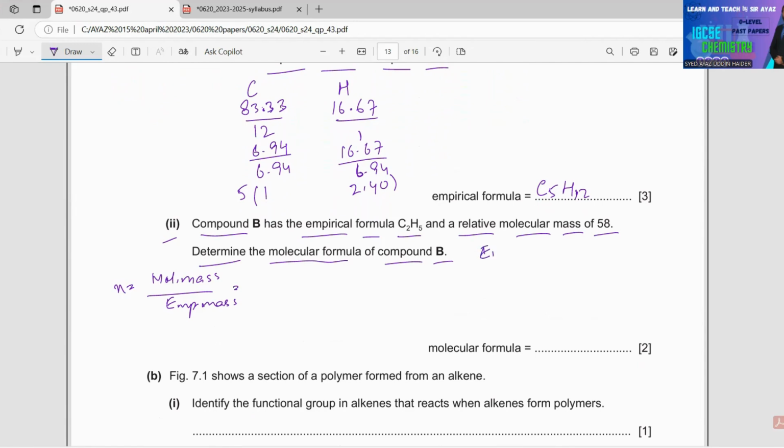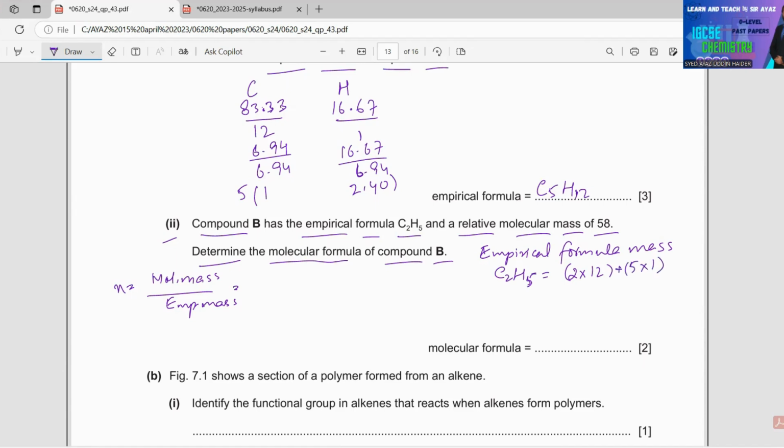So empirical formula mass, C2H5. We have 2 atoms of carbon, so we'll multiply 2 by 12. We have 5 atoms of hydrogen, 5 multiplied by 1.